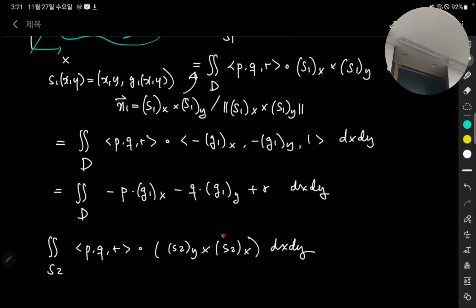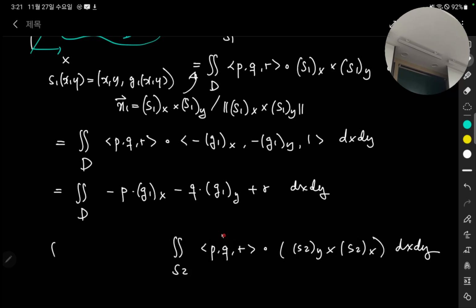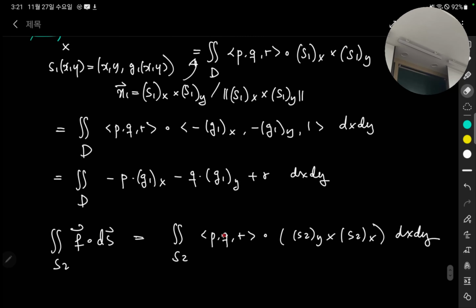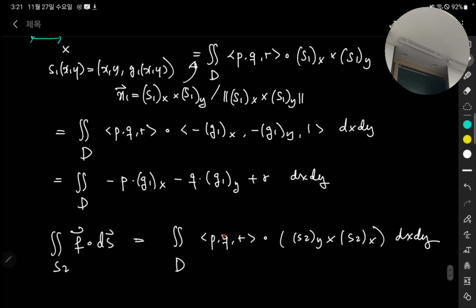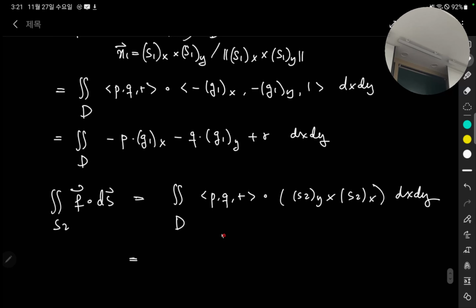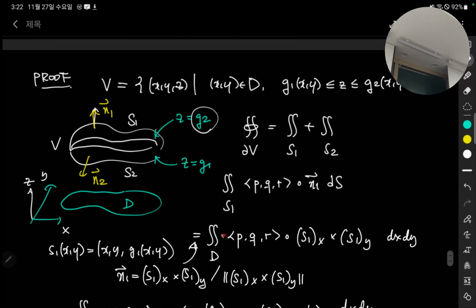So this is the integration over S2 of f. And when I do this, now I don't have to integrate over S2. It's about integration on D. And this is equal to PQR of, now think about when you change the order of the cross product, it becomes G2.